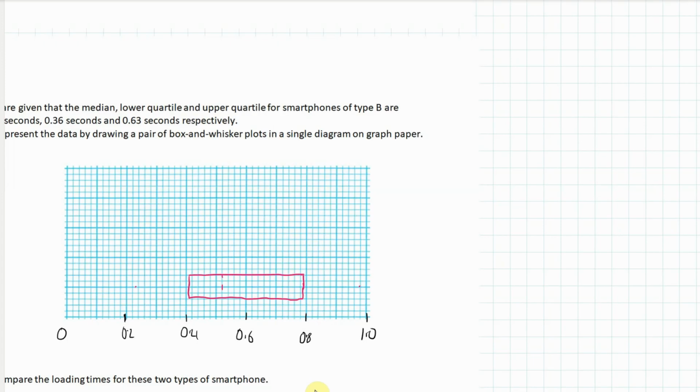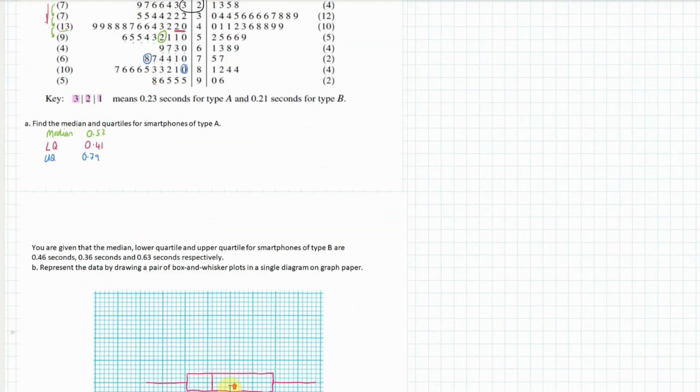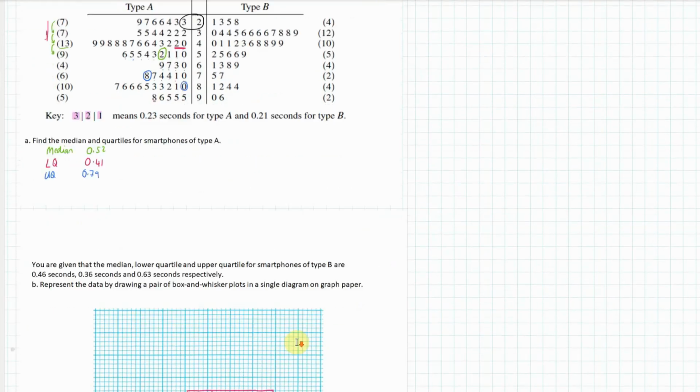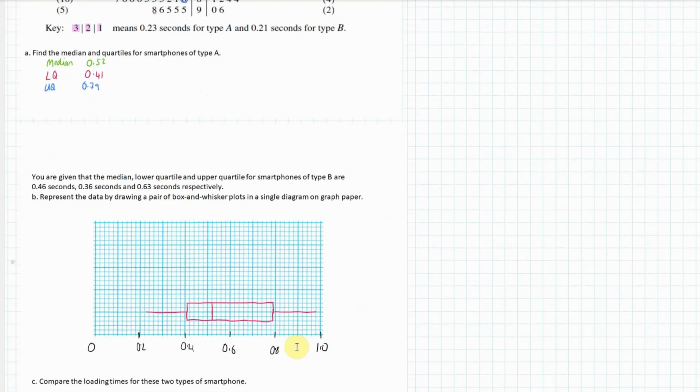Then I've got this median in here, and the whisker parts go out to our top value and our lowest value here. Now we're going to do the same for type B. For type B, our lowest is 0.21. We'll do type B in a different color. So for B, 0.21, starting a little bit further back, like here.